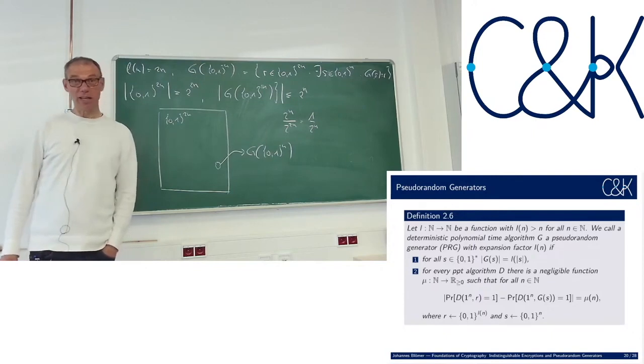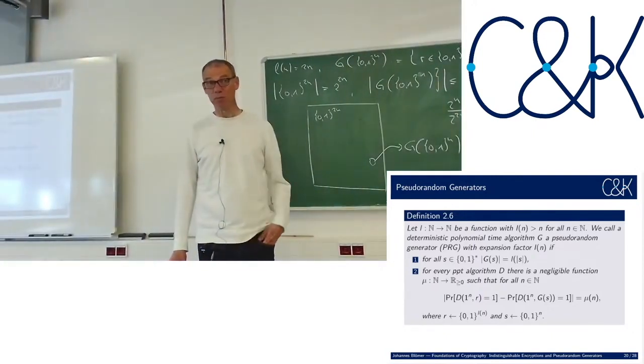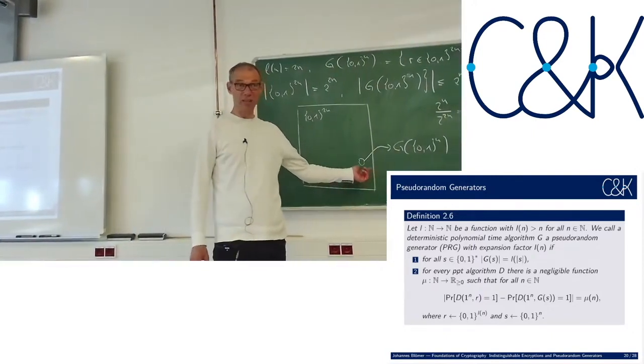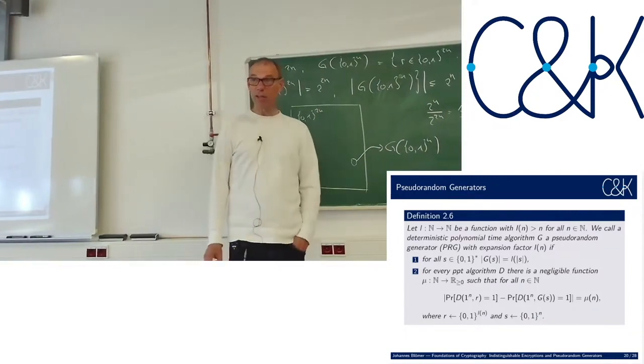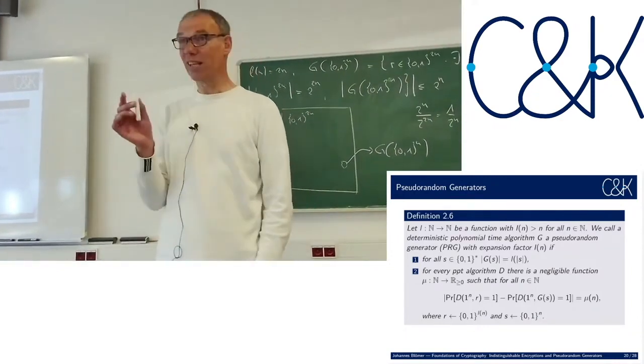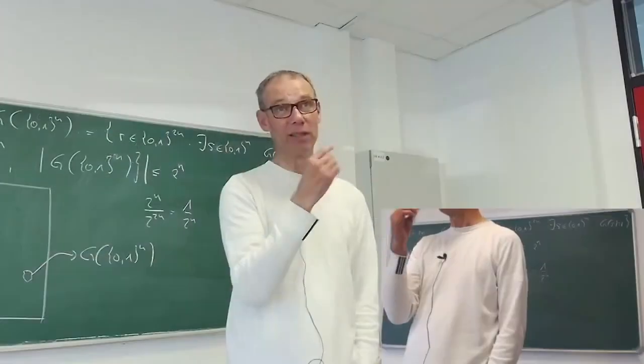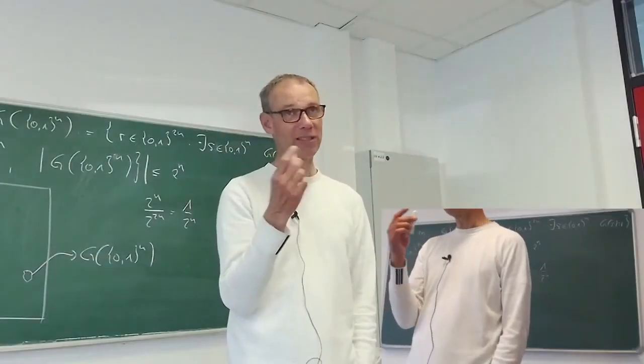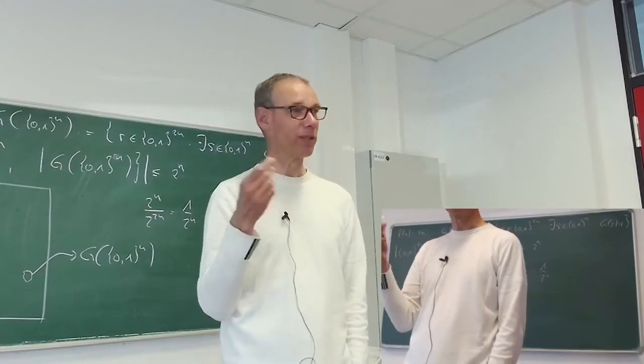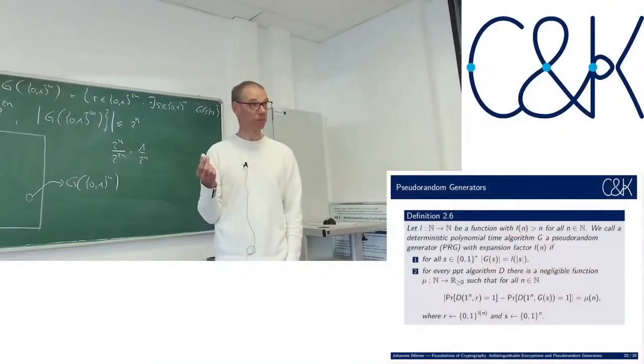Which seems almost impossible because this is so tiny compared to this. How could something behave on this tiny set similar to what we have on the large set? But as we'll see, we assume that these things exist. We have good reasons to believe that they exist.